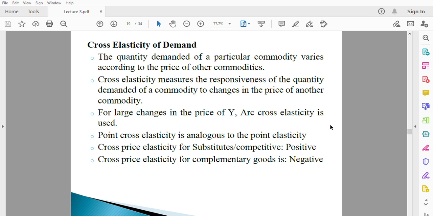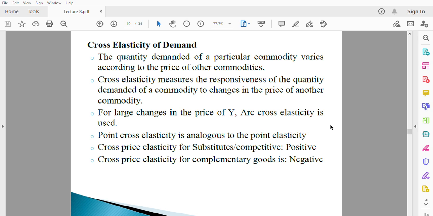Another example is commodities that are used together, like torchlight and battery. You cannot turn on your torchlight unless you have placed in a battery. But now, if the price of torchlight is the same, but the price of battery increases, that means that for you to be able to use your torchlight, you need to always get a battery, and the battery is now expensive. People will decide not to use torchlights again, though the price of torchlight has not increased, but the price of battery has increased.